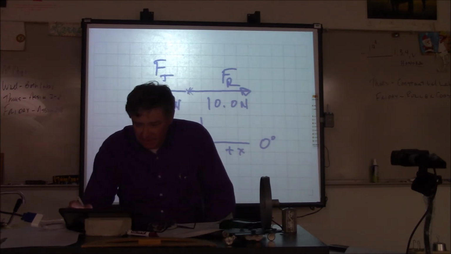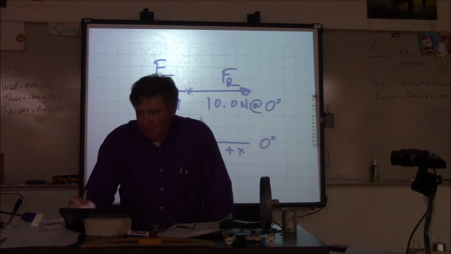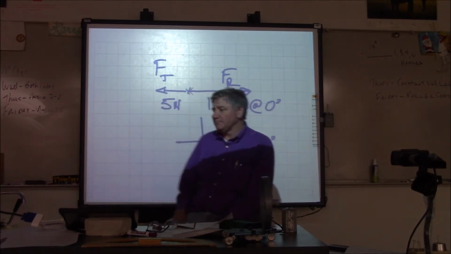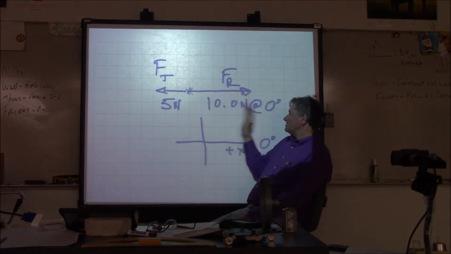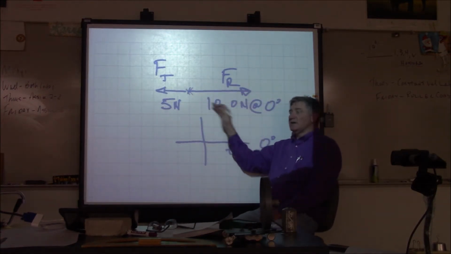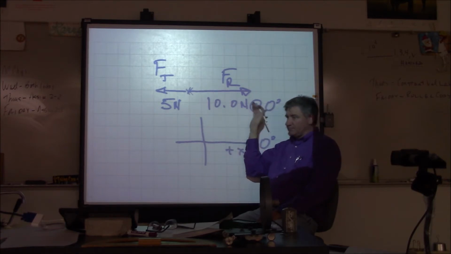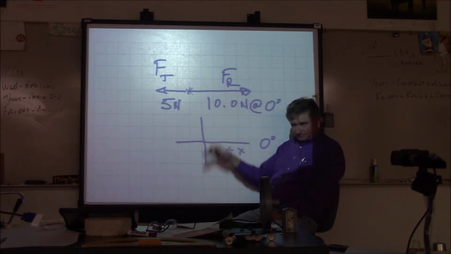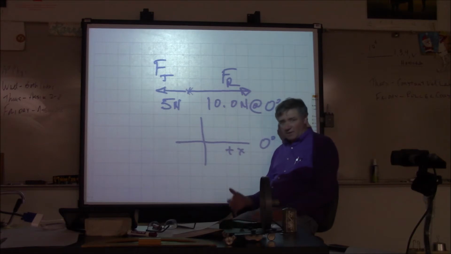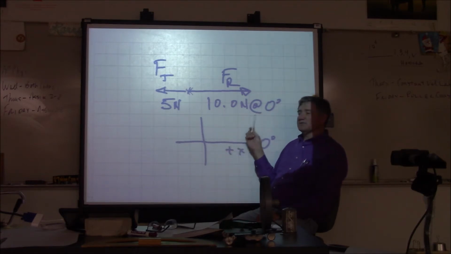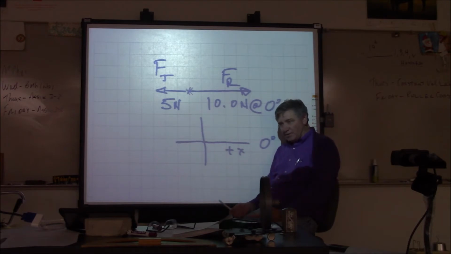If I go 10 newtons at 0 degrees, oh, okay. As soon as I put the at 0 degrees on it, now it becomes a vector quantity. If I just said 10 newtons, that was just a scalar quantity because I didn't know which direction it was pointing.